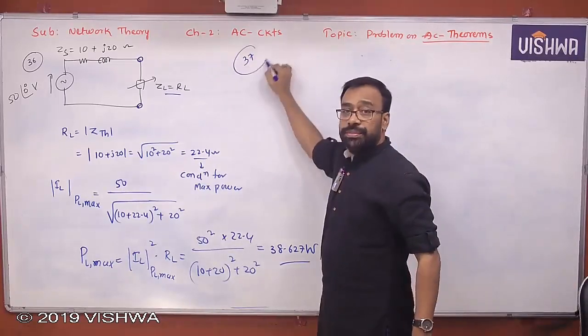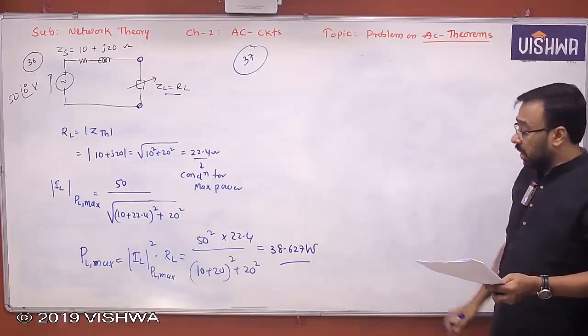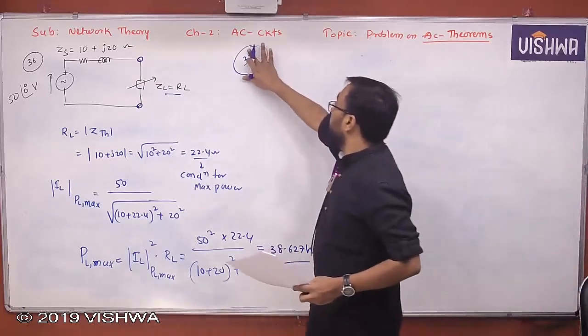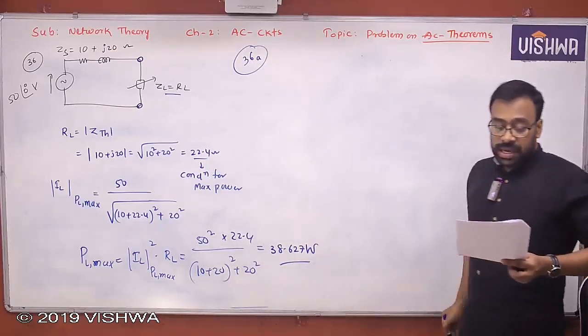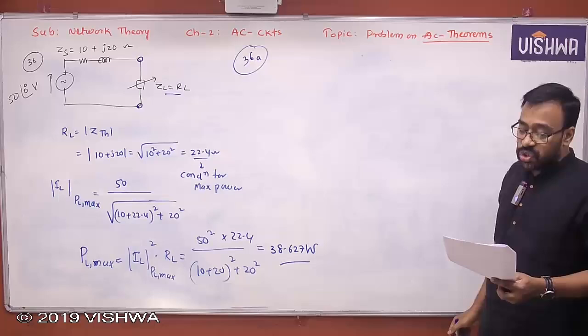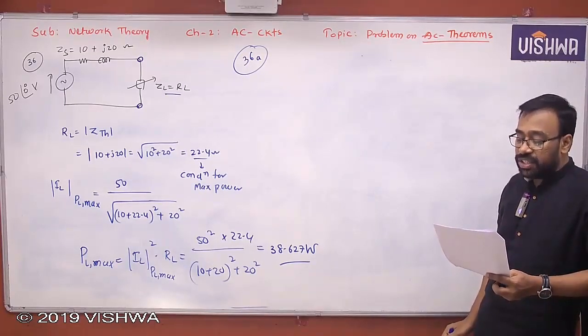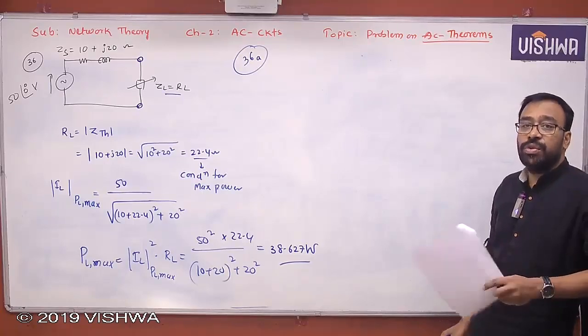Thirty-seventh problem. You can note down that, but read the 37th also. So 36A. In the above problem, if ZL consists of both variable RL and XL, determine the value of ZL which results in maximum power transfer. Also find the maximum power value.